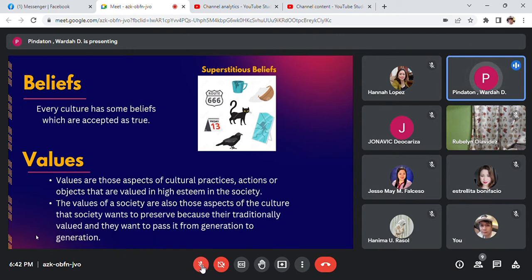This is because the individual could place a higher premium on having more children or spending a huge sum of money on the burial ceremony of his late father than on paying the school fees of his surviving children. Values and judgments are not only elements of the culture, but they are also relevant to modern society.